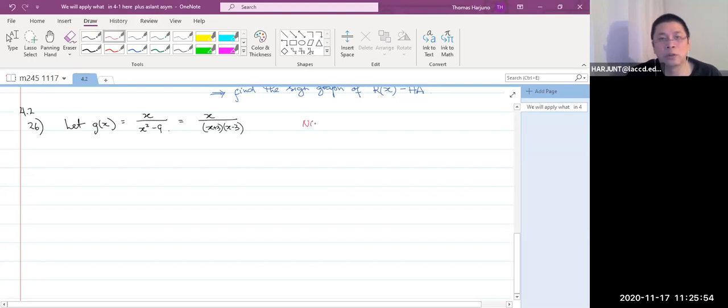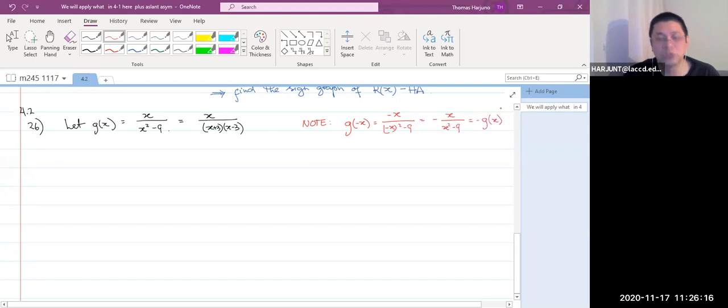Note that g(-x) happens to be negative x over negative x squared minus 9. That's the negative of x over x squared minus 9. That's negative g(x).